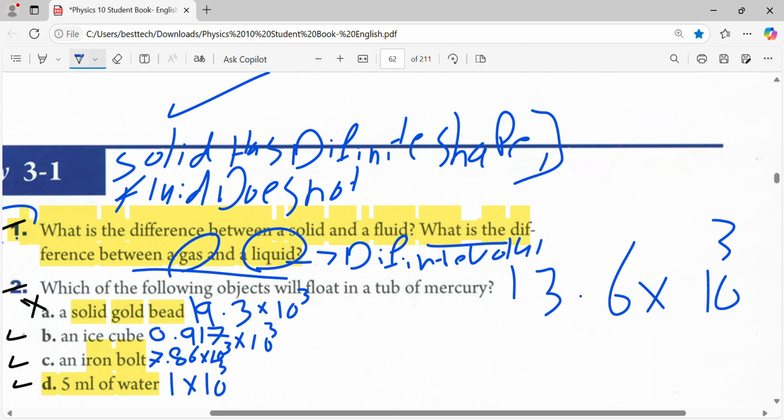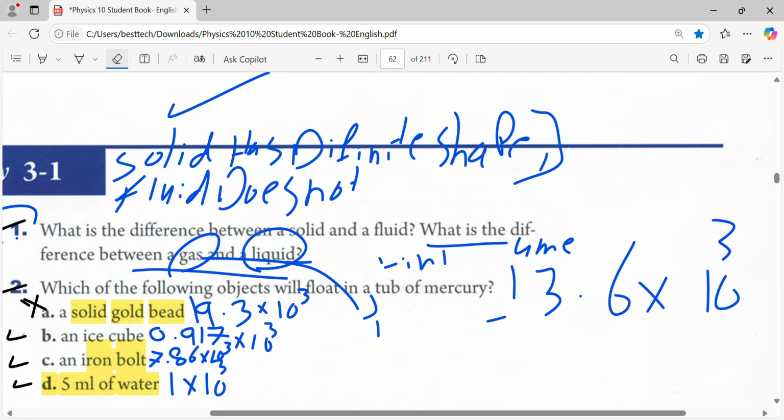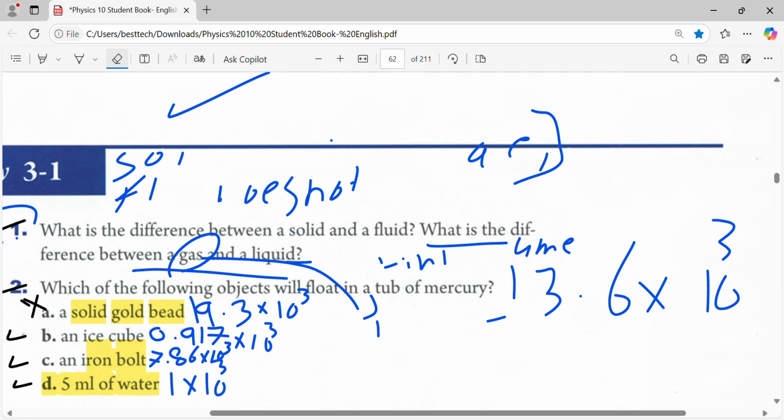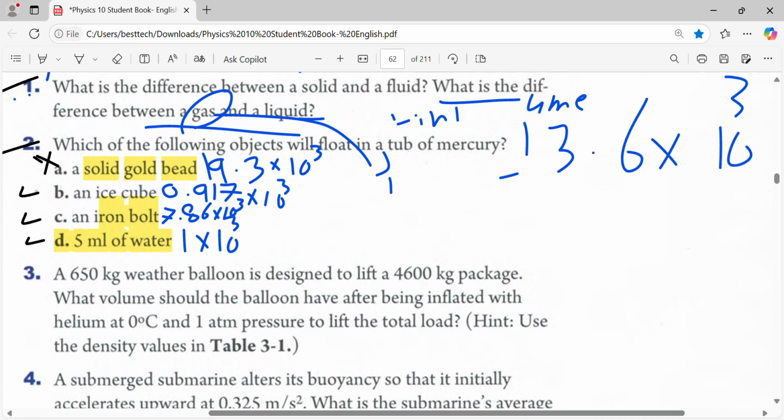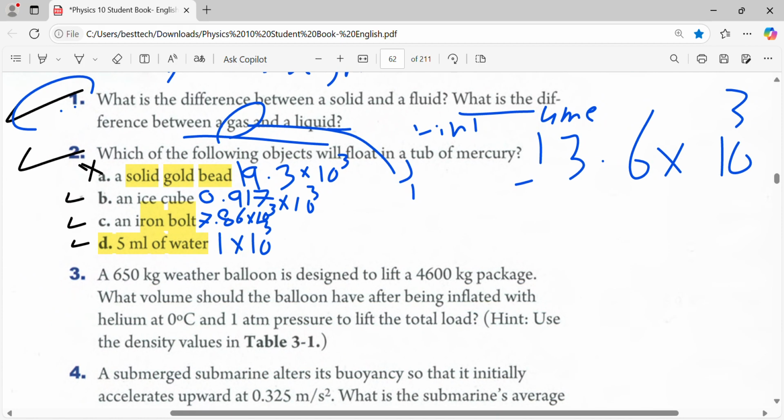The volume is definite, constant, stable, but gas is not. So solid has a definite shape, but fluid does not, and liquid has a definite volume, but gas does not. That is the answer to question 1.